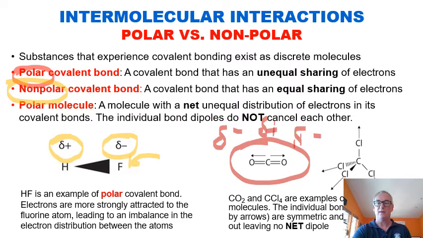And then over here, we have carbon tetrachloride. So tetra, meaning 4, right? Carbon surrounded by 4 chlorines. Chlorine is more electronegative than carbon. And so these chlorines will be slightly negative, and the carbon in the middle will be slightly positive.